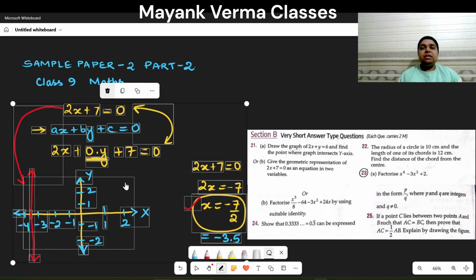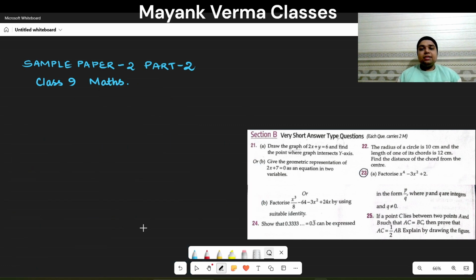In the next question, it is saying factorize x cube by 8 minus 64 minus 3x square plus 24x. Now what we can do, we can simply think one thing, that x cube by 8 is (x upon 2) whole cube.